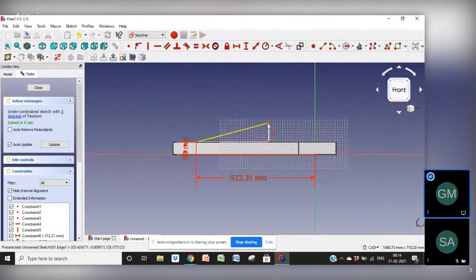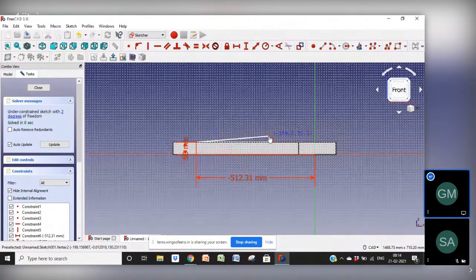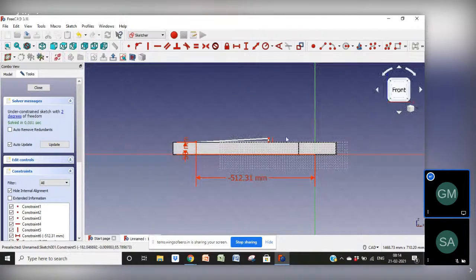Okay, this is just a bit up. Okay, now taking this distance 16 from here and make it like this.